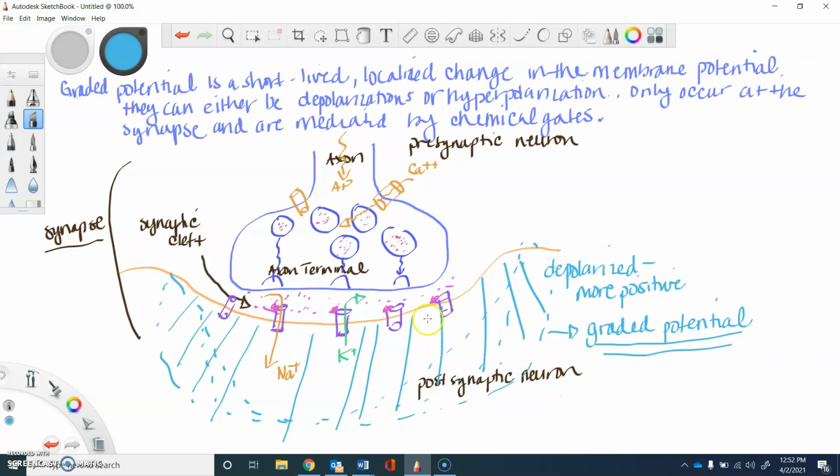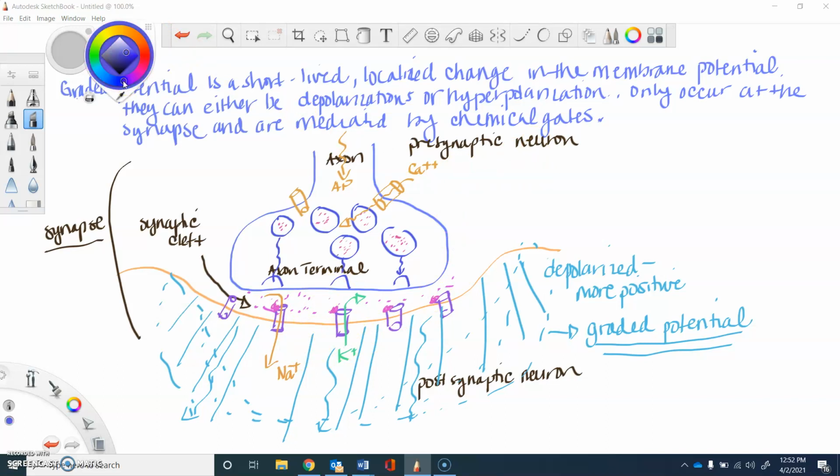Okay, and it's, again, going to dissipate as it moves this way. It's kind of like when you throw a rock into a still pond, and the waves at the beginning are really high, and then they ripple out and get smaller and smaller until they go away. It's the same idea, anyway. Okay, so that is a graded potential.